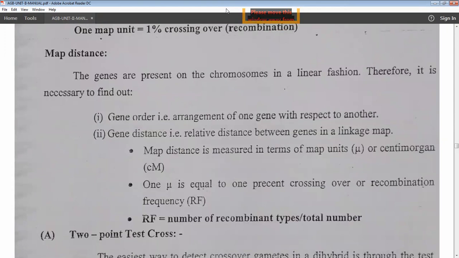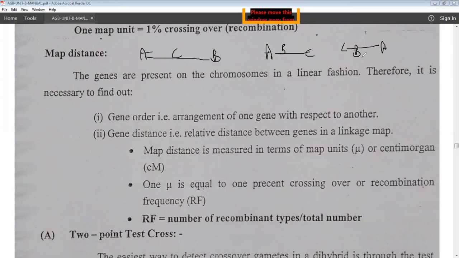Okay, if we have a chromosome that has A, B, C, three genes. This chromosome has A, B, C, three genes. This also has A, B, C, three genes.